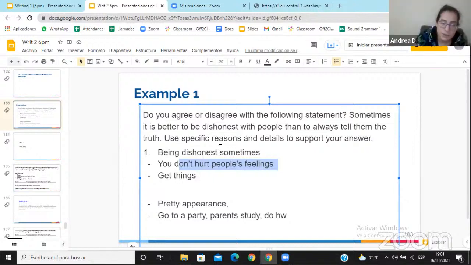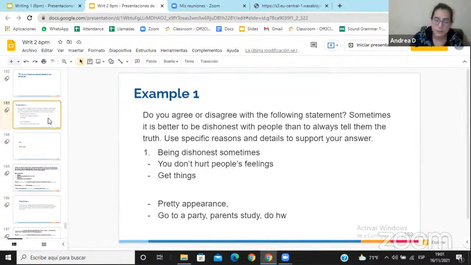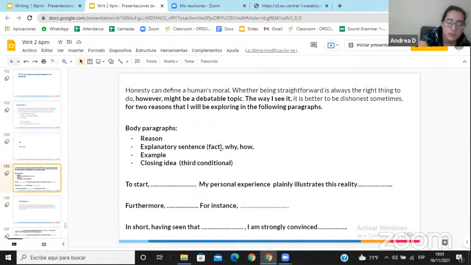That's why I put this. You can support your idea with something that somebody else said, or maybe a saying too, an expression, something like that.